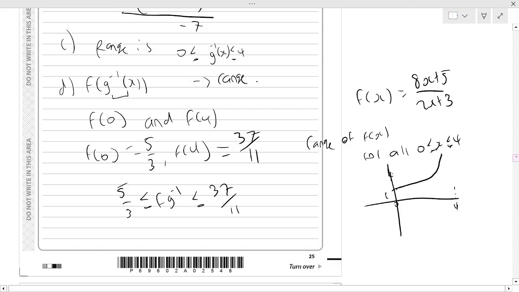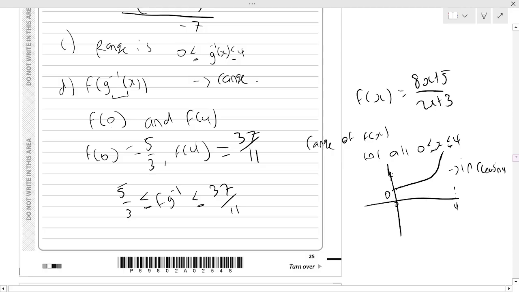So obviously x is 0 is going to be the minimum value, and x is 4 will give the maximum. As you increase the value of x, the curve increases, right? So that's increasing. For God's sake.